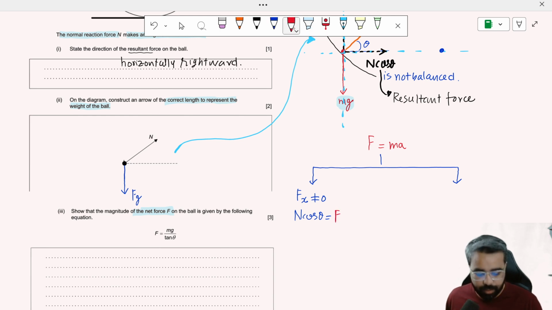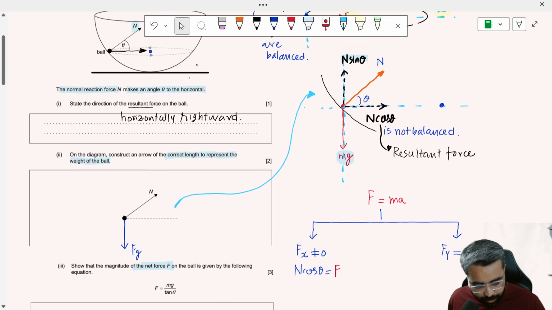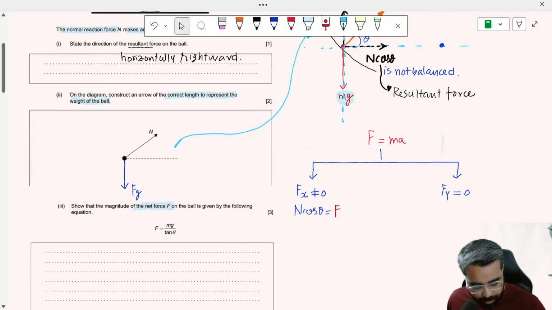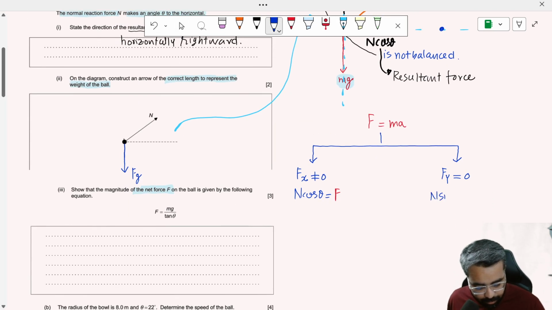Remember, this F is the centripetal force, whereas for Fy, the sum of all forces is equal to 0, which means that the upward force, n sin theta, is balanced by mg. So we can say n sin theta plus minus mg is equal to 0, which means n sin theta equals mg.